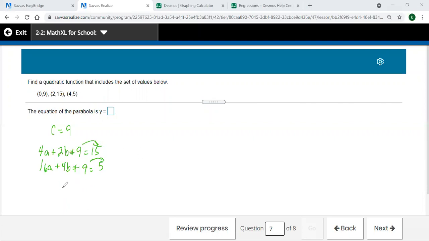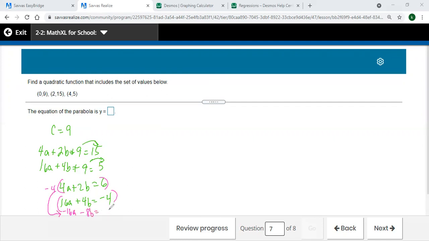So we had 4a plus 2b equaled 6, and 16a plus 4b equaled -4 if I subtract 9 from that 5. Doing it really fast. I hope I didn't make a mistake. And then multiplied by a -4. So this was -16. I'm multiplying this and writing it down here.